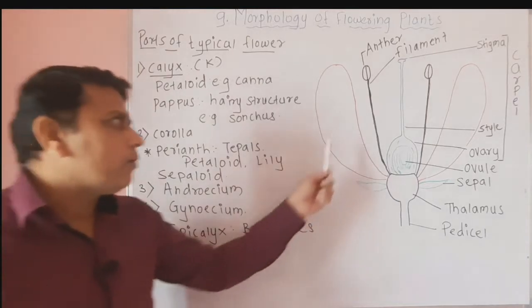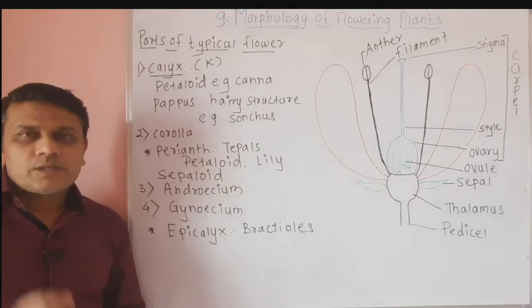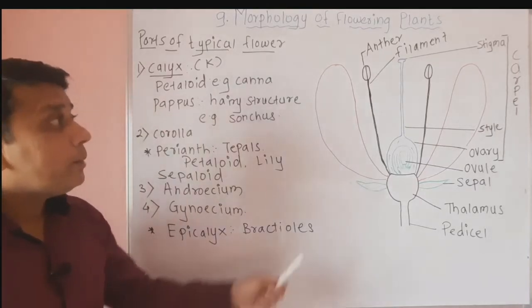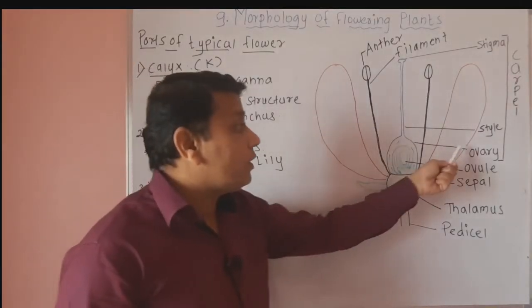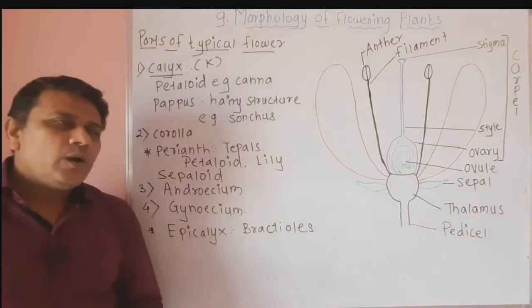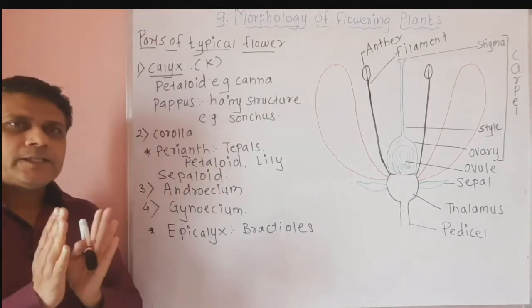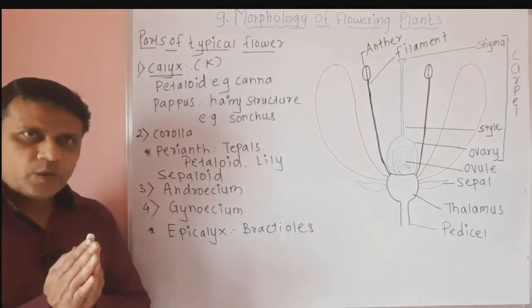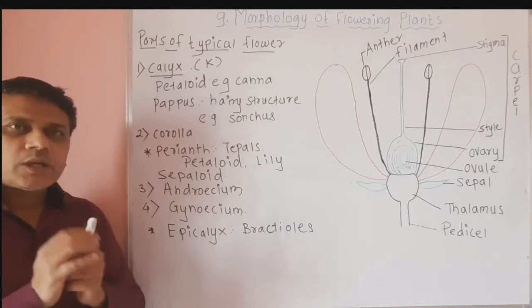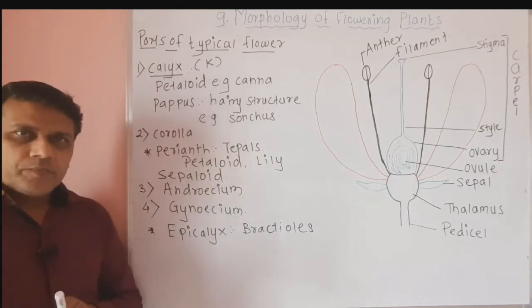Then the second whorl of the flower is called as corolla. Now corolla consists of individual members called as petals. Here we can see petals. Now in some flowers, the petals are united or fused. So such corolla is called as gamopetalous corolla.